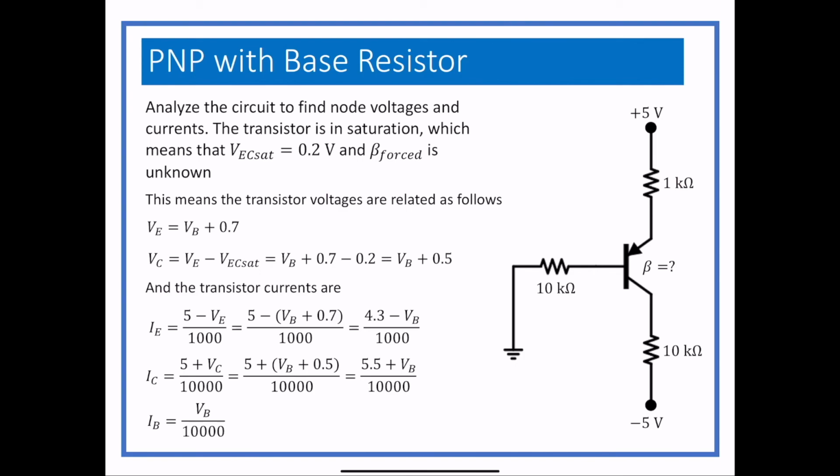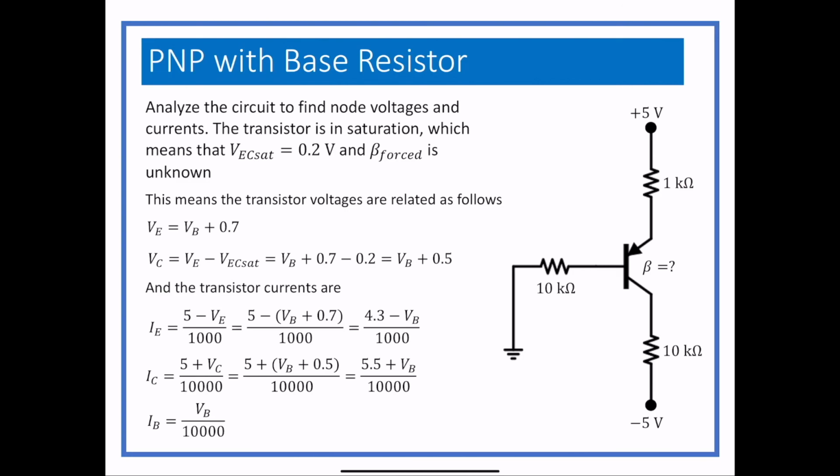So we can make that into one long equation where we just solve for VB. It ends up being a completely different type of analysis when it's in saturation, which again is sometimes what stumps people. You have to go back to the beginning, you have to have different assumptions, but you have different things that you know, but you can still solve for the values that you need to.